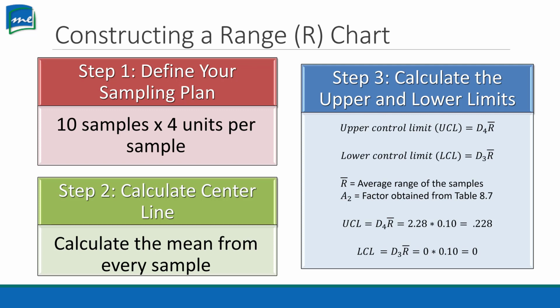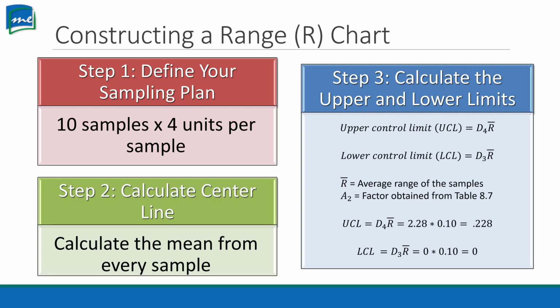We're just using the D4 and D3 values. So remember, our D4 value was 2.28. So if we look at it, our upper control limit is going to be 0.228, and our lower is going to be 0. Remember, this is a range. We can't have a negative range.